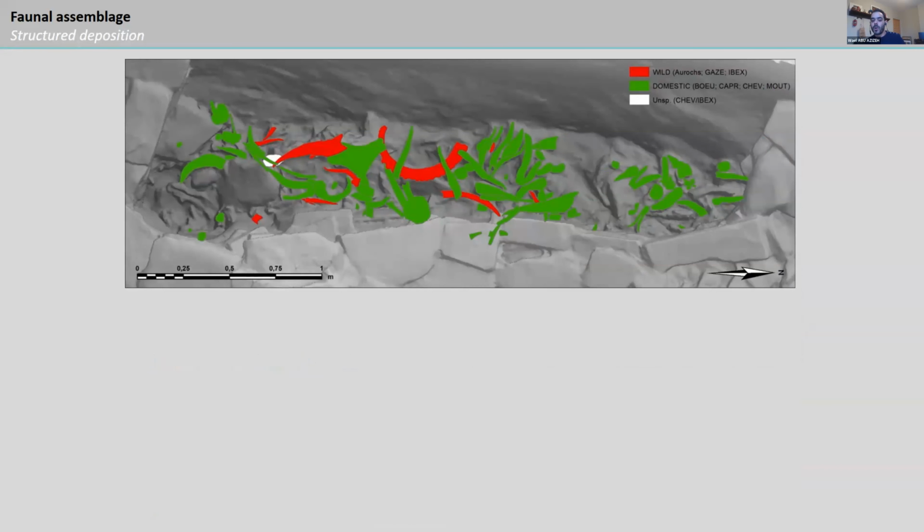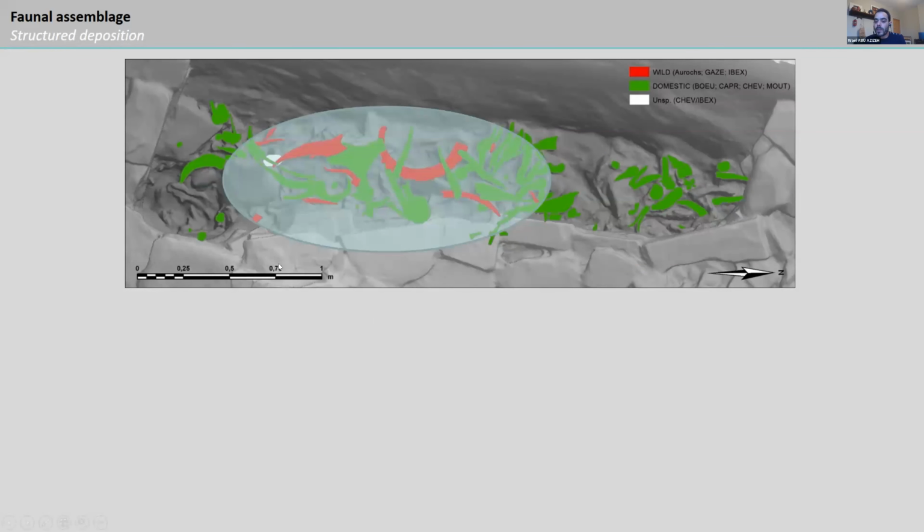Instead, some form of organization of the deposit seems, however, to prevail when comparing domestic versus wild animals. The remains of wild species, which constitute a much lower proportion of the assemblage, seem to be concentrated in the central area of the compartment.